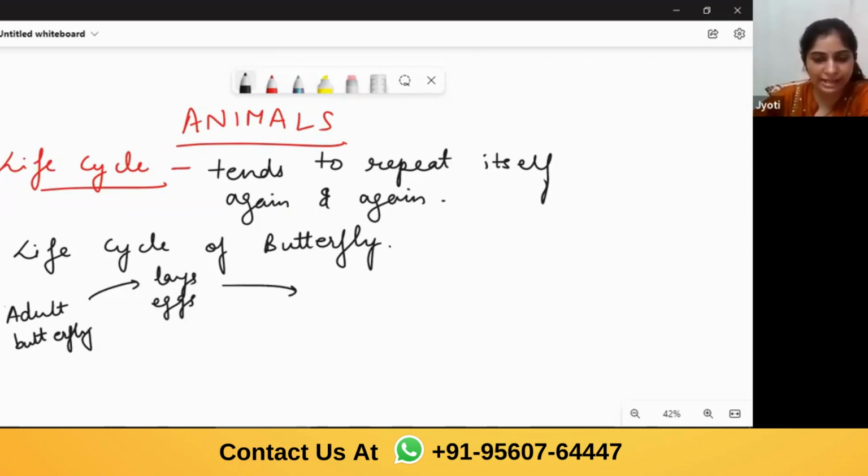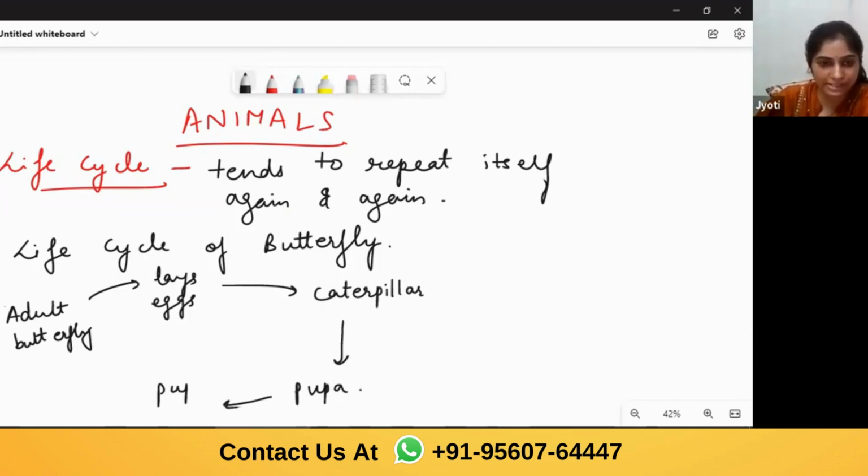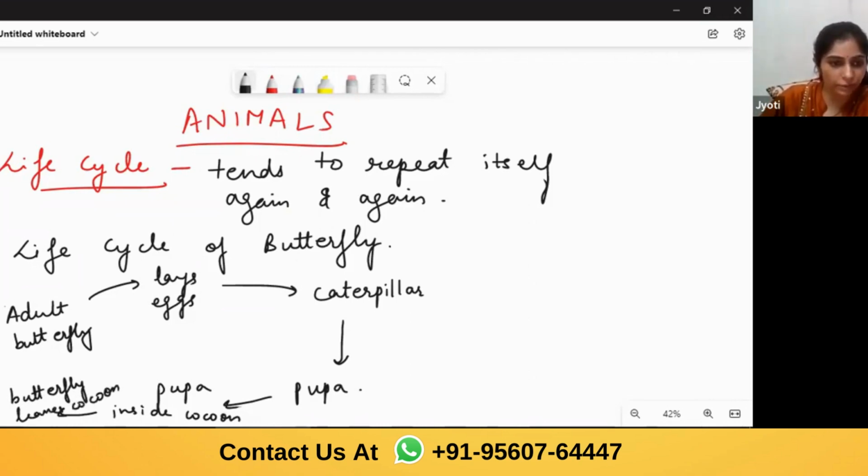Then the eggs hatch into a caterpillar. Now this caterpillar will form the pupa. Then the pupa inside the cocoon. Then it develops into the butterfly and leaves the cocoon. And then it will grow into an adult butterfly. You can see a circular thing is there.